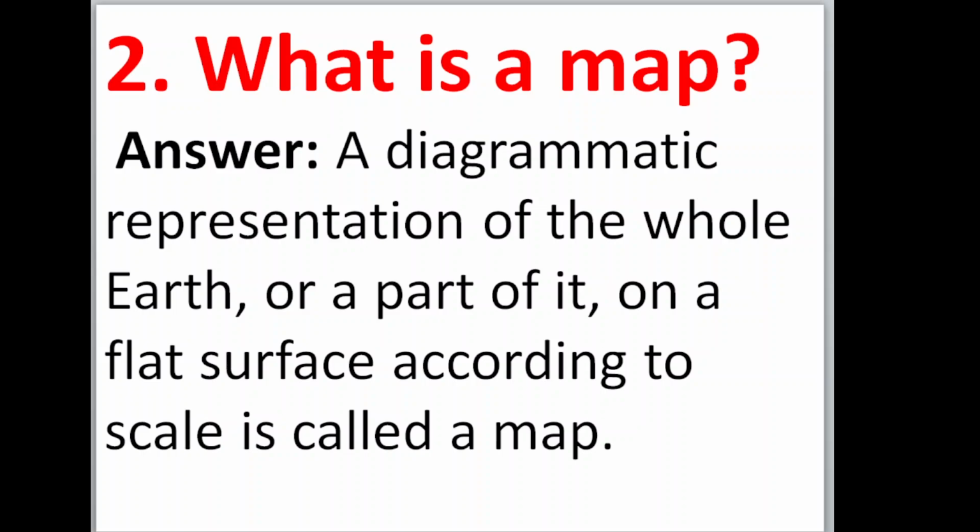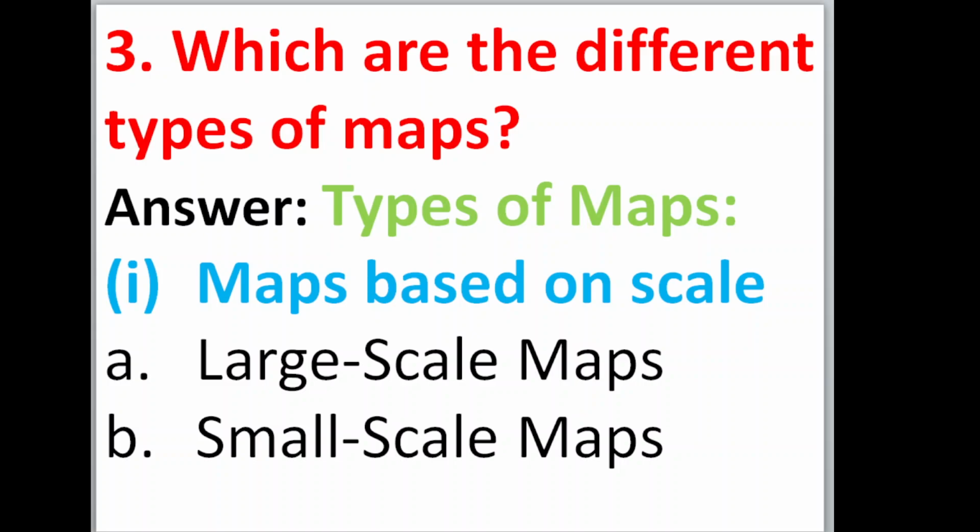What is a map? A map means a diagrammatic representation of the whole earth or a part of it on a flat surface according to scale. Now move to the third. Which are the different types of maps? So there are mainly two types of maps. First one is maps based on a scale.